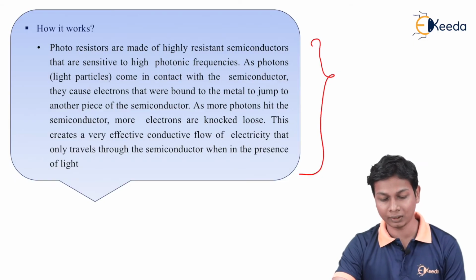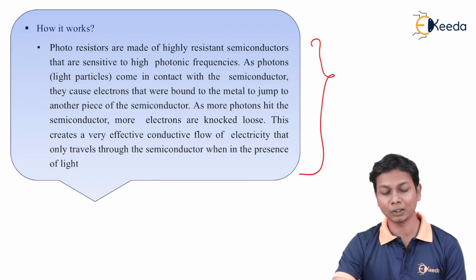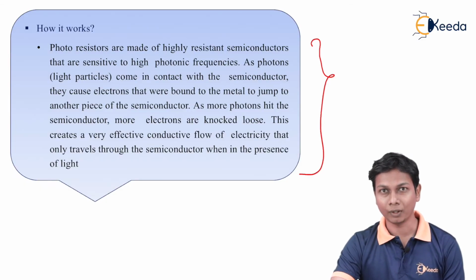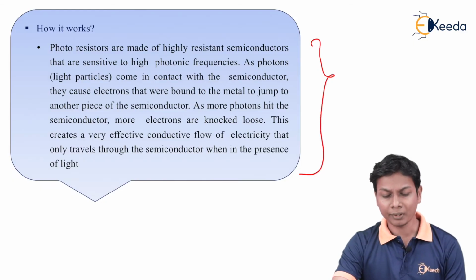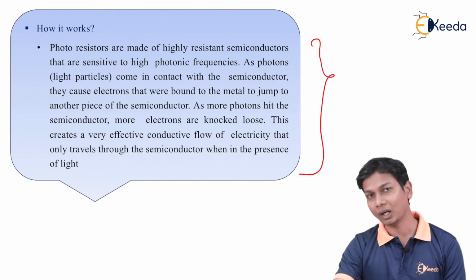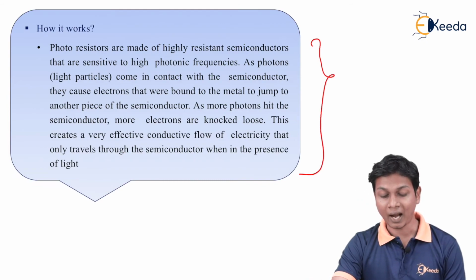When photons come in contact with the semiconductor, they cause electrons that were bound to jump to another piece of semiconductor. When it is in contact with another semiconductor, the electrons jump from one semiconductor to the other, and the moving electrons hit the semiconductor and knock electrons loose.